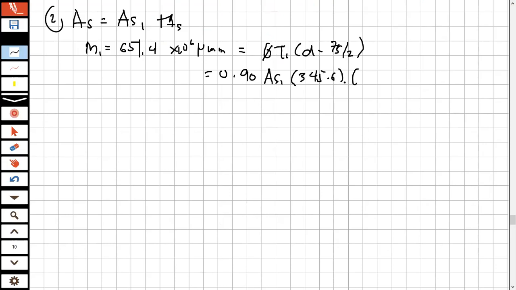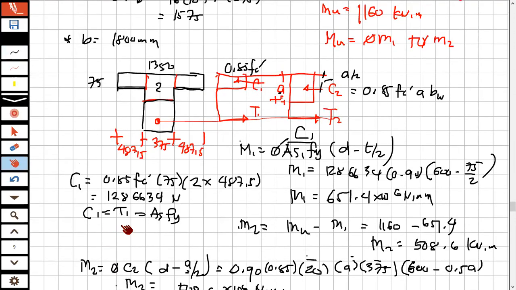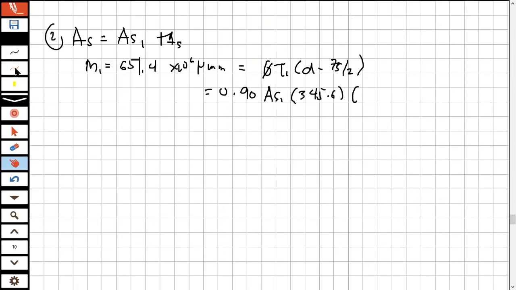Then you have d, which is 600. So we have here 600 minus 75 over 2, which is 37.5. We have 651.4 times 10 to the power of 6. So therefore, we can compute here As1.